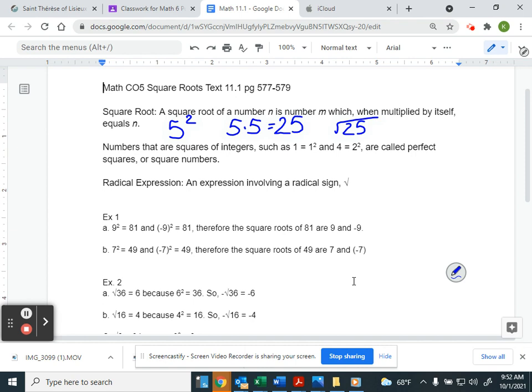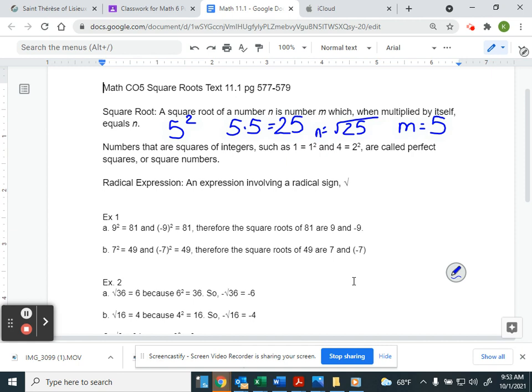So m would be what number? If our n is 25, what would m be? If n equals 25, m is that number which multiplied by itself equals n. 5. So the square root of 25 is 5.